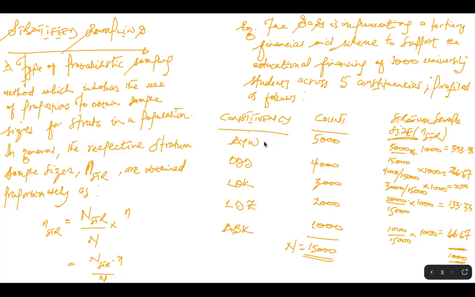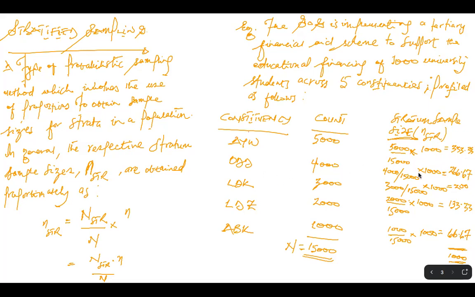So here you've identified the 333 people, 267 people, and so on and so forth. Then if you actually want to select the number of people, you will go into these various populations. You'll go to Ayawaso and apply SRS, cluster, or systematic sampling to be able to get 333 people. All right.